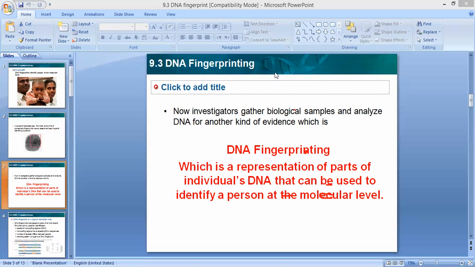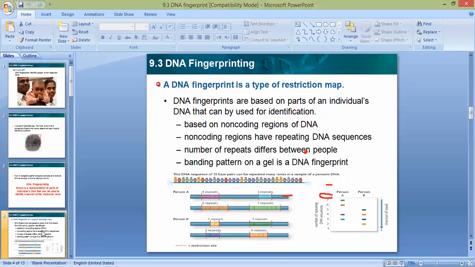Bravo. Now what is the difference between DNA fingerprinting and any other restriction map? It depends on what? Murad? It uses non-coding segments of the DNA. Right, it depends on non-coding sequences, not only non-coding but a repeat of the non-coding sequence. We said we can find a non-coding segment present in two persons but with different repeats, and sometimes the same repeat in different persons.